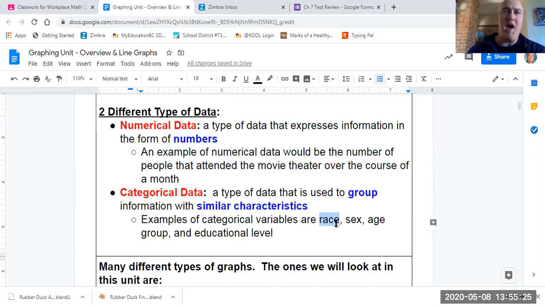So you may have English background, you may have African American background, you may have Asian background. So we could keep track of various groups of people. Same thing with regards to gender, same thing with regards to age. All of these, or even educational level, would be examples of categorical data.